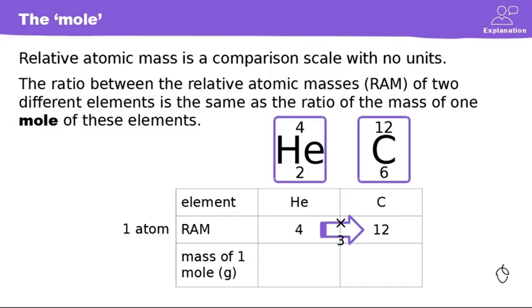The carbon atom is 3 times heavier than the helium, and the mass of 1 mole is 4 grams for the helium and 12 grams for the carbon. So the carbon molar mass is 3 times heavier than the helium molar mass, which is the same as the relative atomic mass. The carbon relative atomic mass is 3 times heavier than the helium.